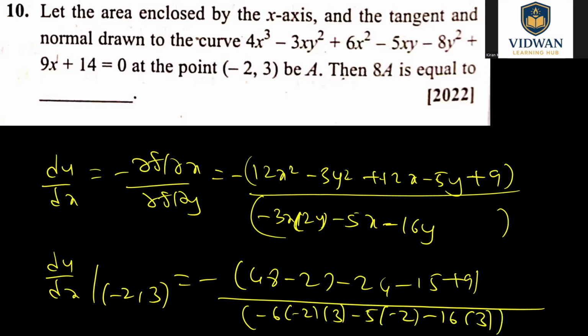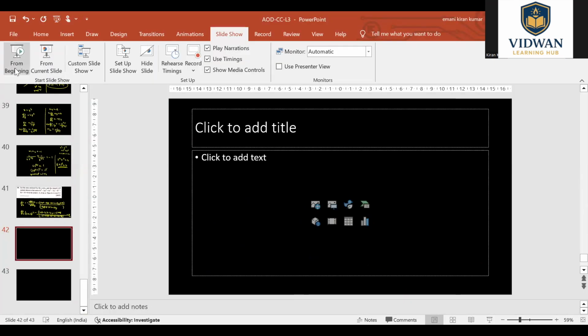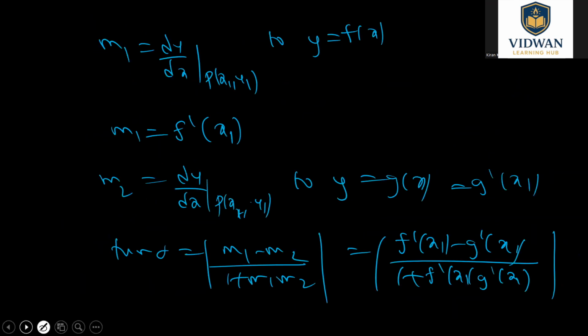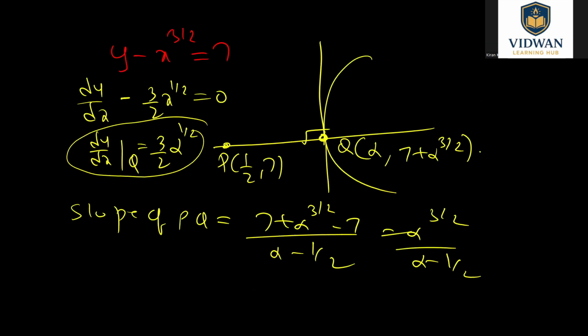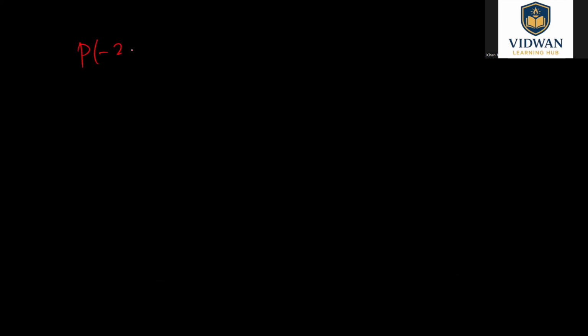So what is the slope that you are going to get from here? I'll give it directly. It is minus 9 by 2. And once you got this, we have the point minus 2, 3. And the tangent slope that we are going to get is minus 9 by 2. So using this, what is the tangent at P?